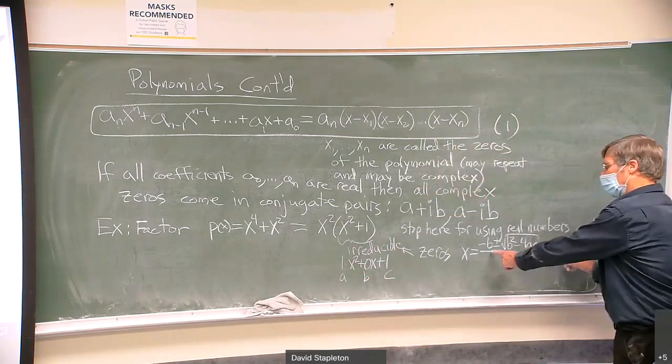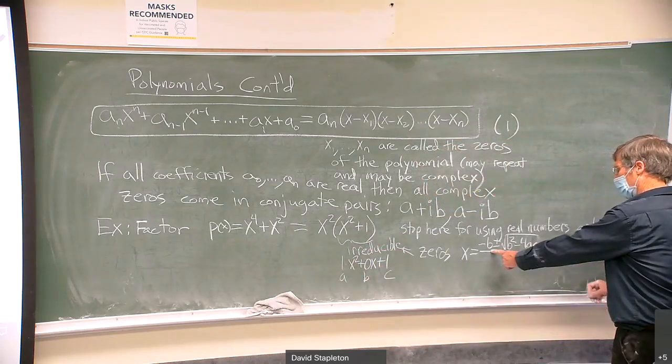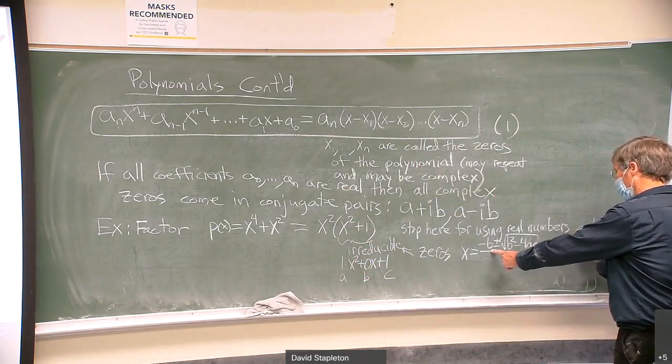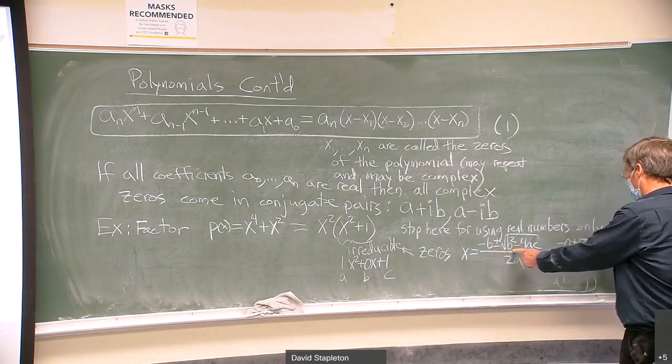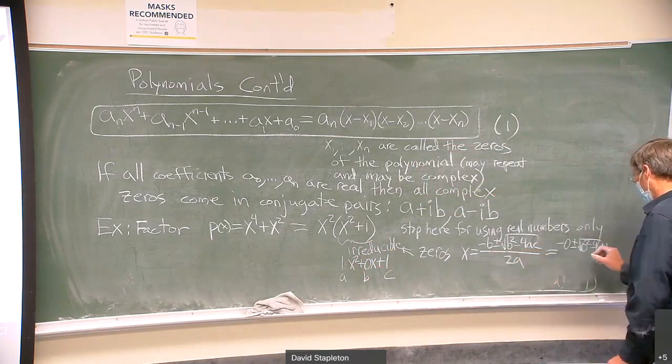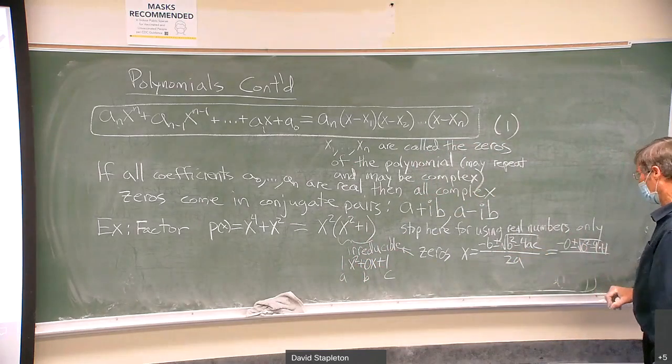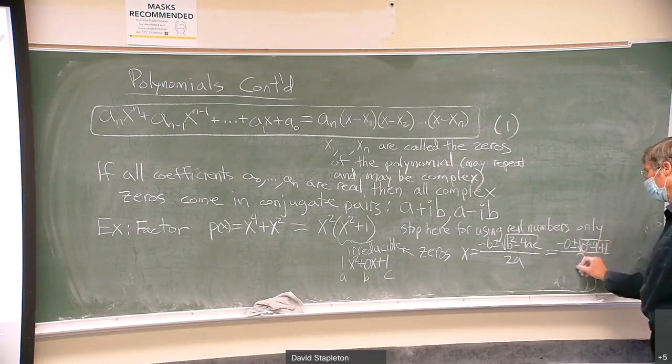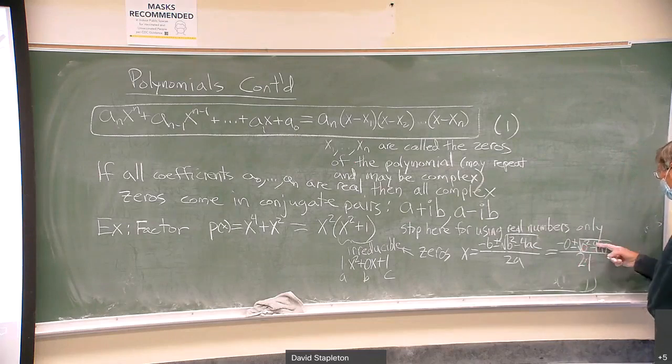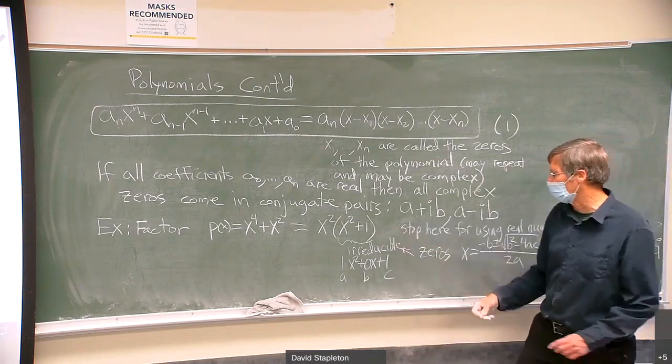And you say that the zeros are minus 0 plus or minus square root 0 squared minus 4 times 1 times 1, all over 2 times 1. Square root of minus 4 is 2i, right? That's over 2, so plus or minus i. So the zeros of this irreducible quadratic are plus or minus i.